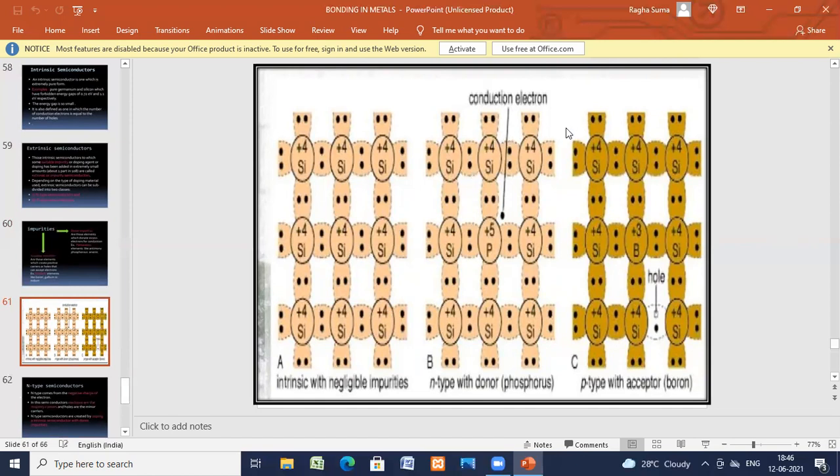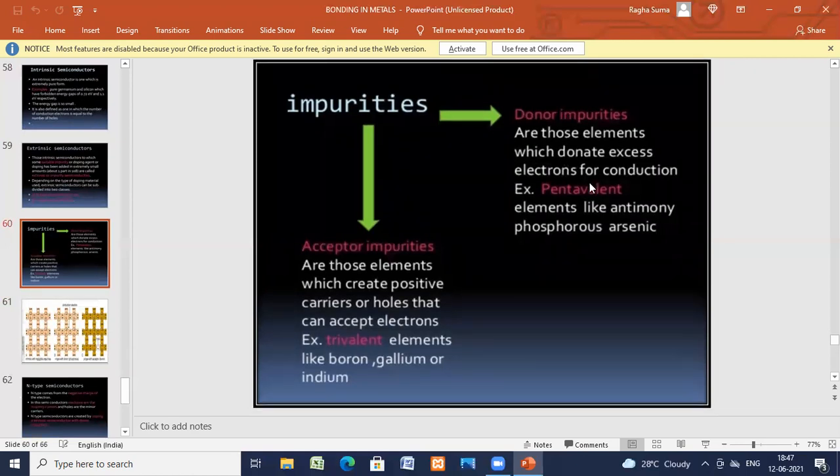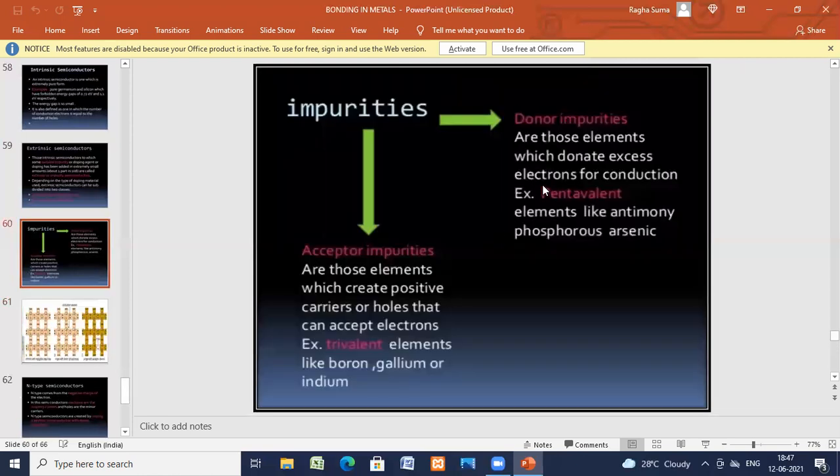For N-type, silicon has 4 valence electrons. Now, silicon is replaced in its crystal by a pentavalent element, phosphorus. The donor impurity is phosphorus. Due to the addition of phosphorus, excess electrons come for conduction.